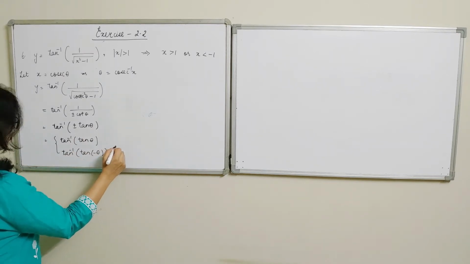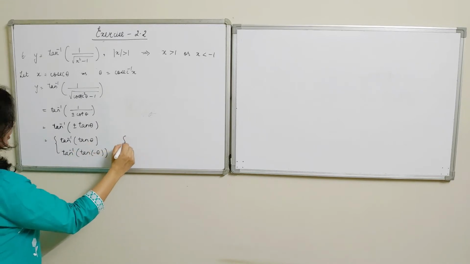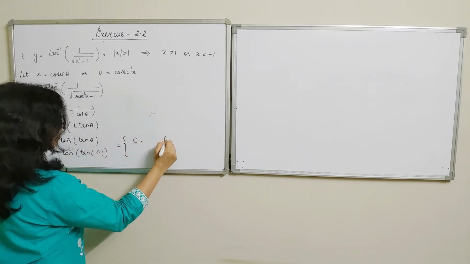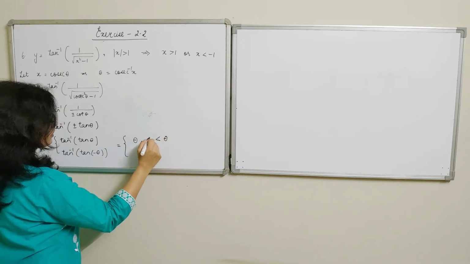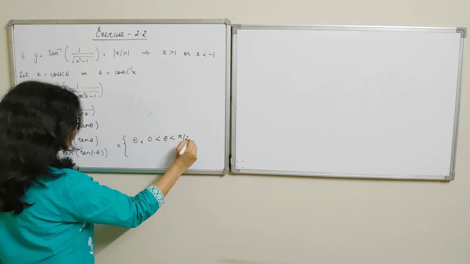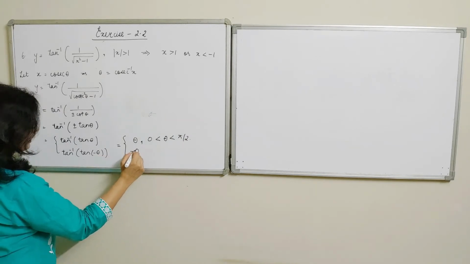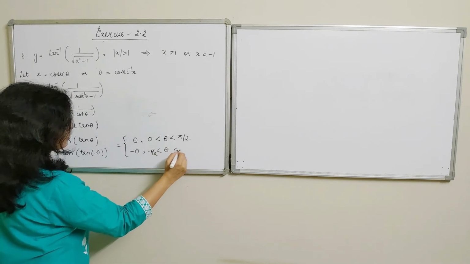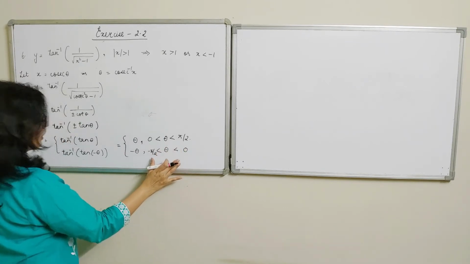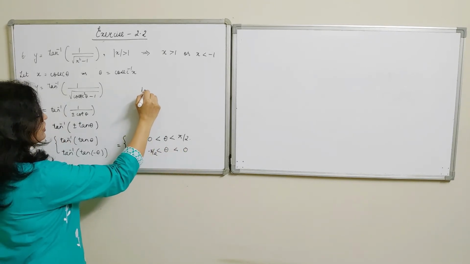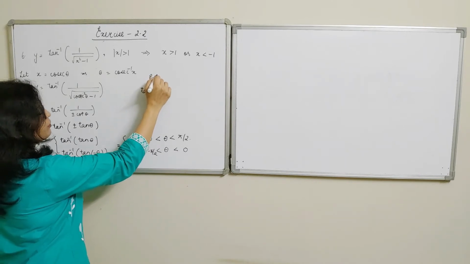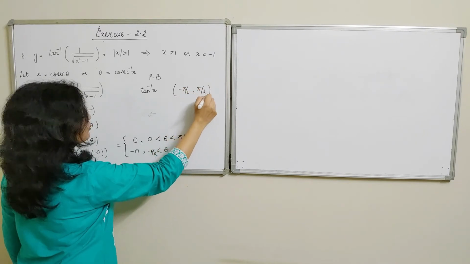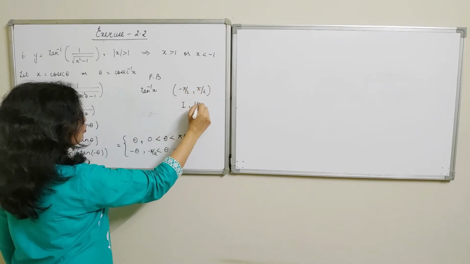And how do we proceed further? This result will be equal to theta if the value of theta is greater than 0 and less than pi by 2, and it will be negative theta whenever theta is greater than minus pi by 2 and less than 0. Now you know, for the tan inverse function, the principal branch is defined as the open interval minus pi by 2 to plus pi by 2, which means the first and the fourth quadrant.